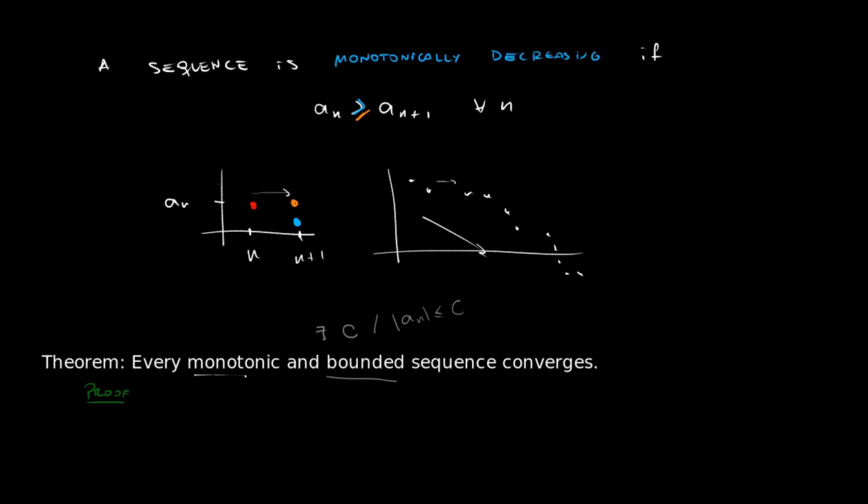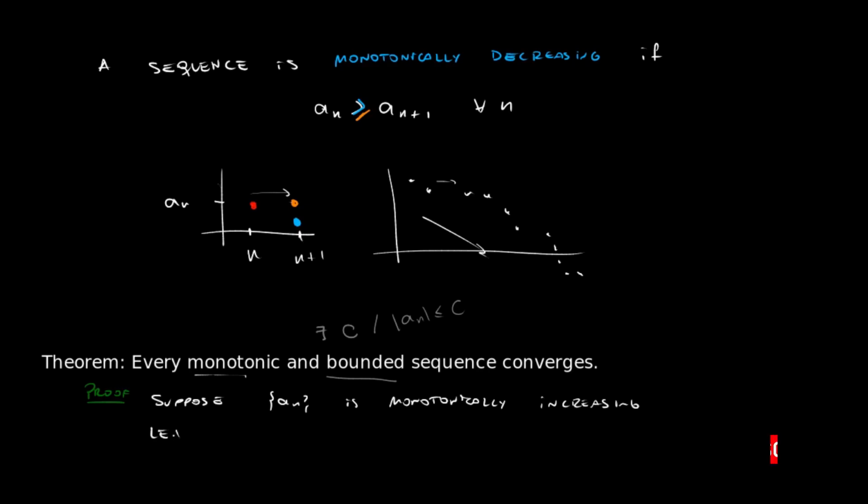The theorem says monotonic. This will work for either monotonically increasing or decreasing sequences. Let's suppose it's increasing. The proof would be exactly the same or very similar if it was monotonically decreasing.